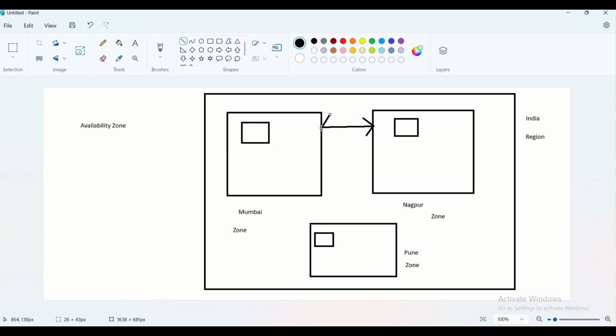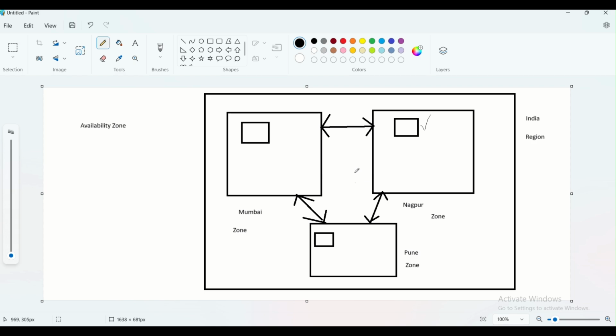These three zones within a single region are nearby places, and they are interconnected, so that if something happens to the data center in one zone, your replica will be served from another zone in the same region.